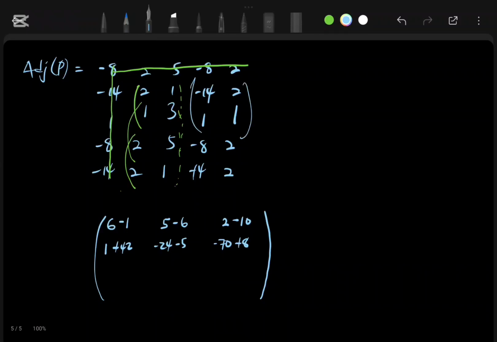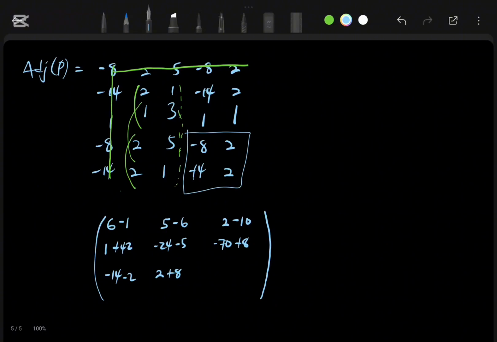We have this block. Minus 14 times 1, which is minus 14, minus 1 times 2, which is minus 2. Next is this block. We have 1 times 2, which is 2, minus 8 times 1, which is plus 8.